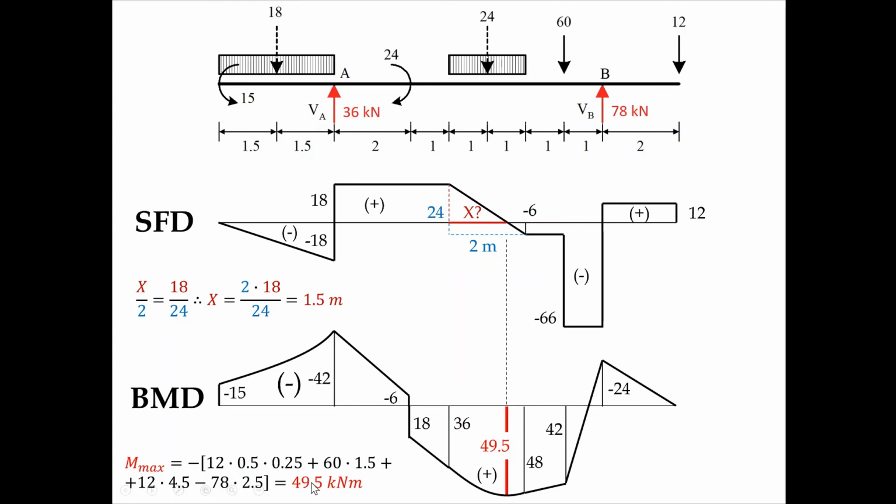So doing the operations and closing this bracket, of course, we get the maximum bending moment for this structure, which is 49.5 kilonewton meters.